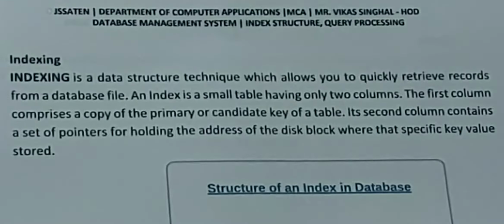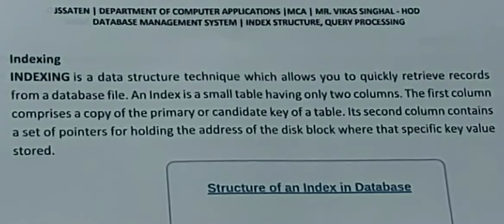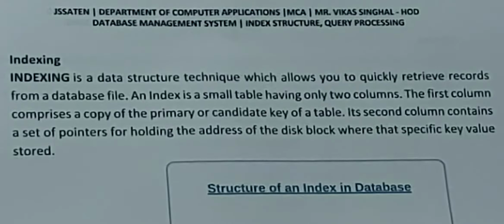As a logical term, indexing is basically done on the data that is saved or stored on the disk. Disk means we are talking about the secondary device, secondary memory.